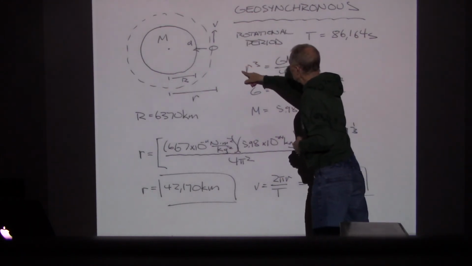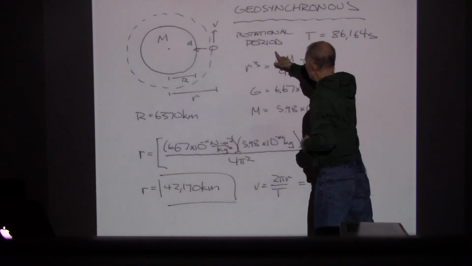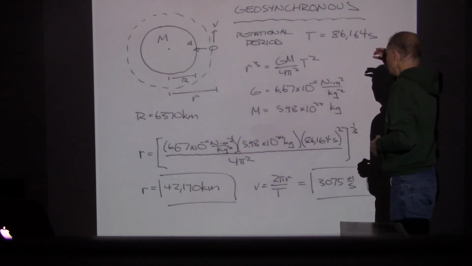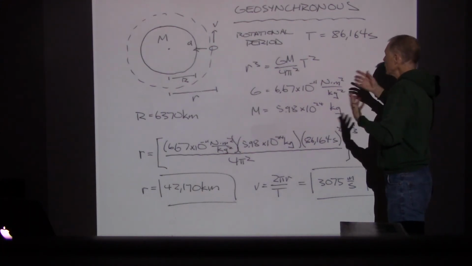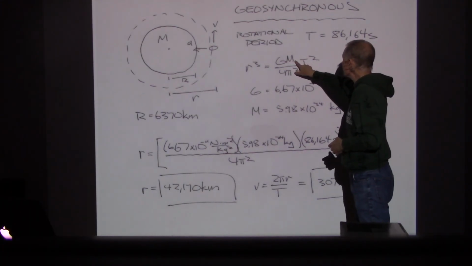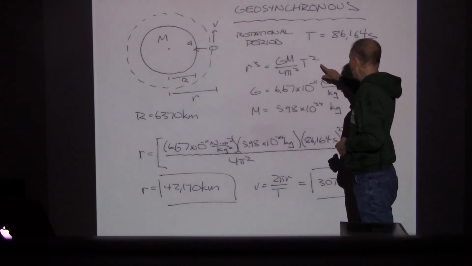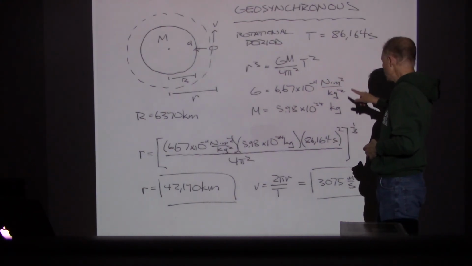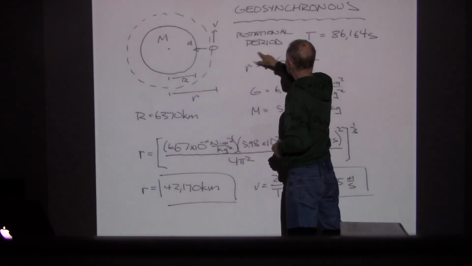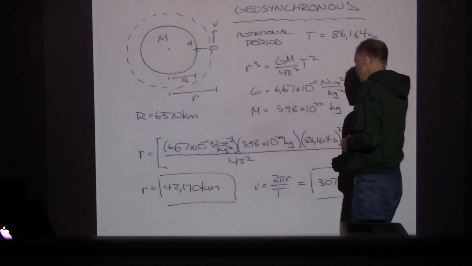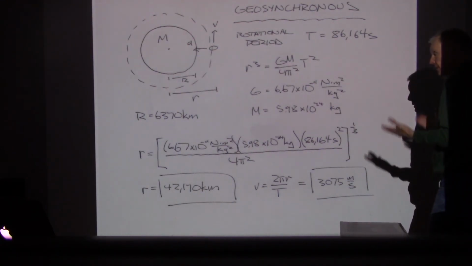Here's the formula that we derived on the earlier page. And here is big G. Here is the mass of the Earth. Plugging all of these numbers in, here is the period. And I guess what we want to do then is come up with a radius. So this formula is going to allow us to calculate a radius of the orbit.